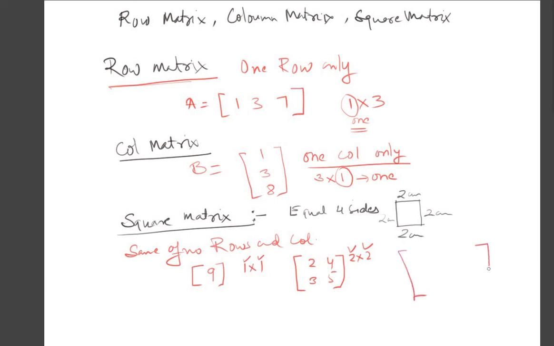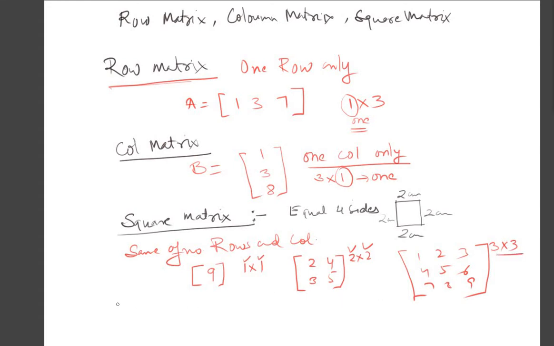And if I draw something like this, 1, 2, 3, 4, 5, 6, 7, 8, 9. Can you give me the order of this matrix, please? 3 cross 3. Yep, that's a square matrix as well.